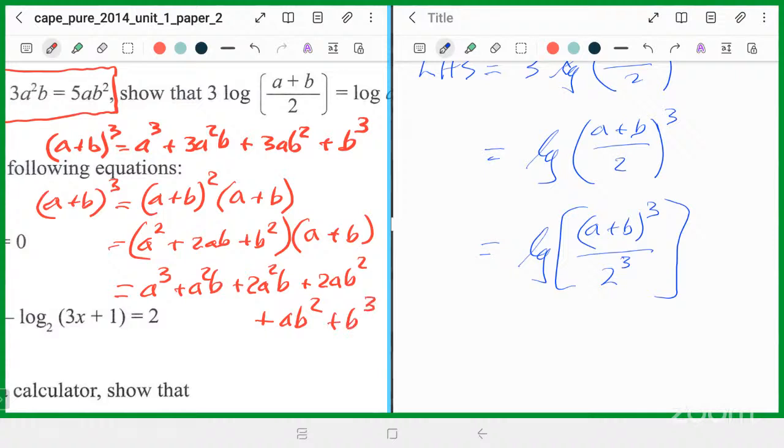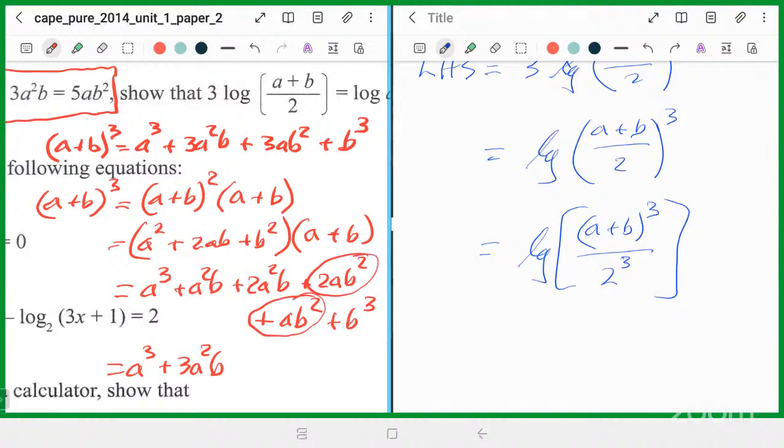And then if you consolidate and put the like terms together, this is the only cube term on the a, so it's a cubed. Then you have a squared b, and you have 2a squared b, so you have 3a squared b. So you get plus 3a squared b. Then you have 2ab squared and another ab squared.